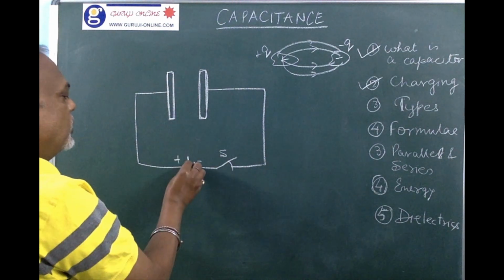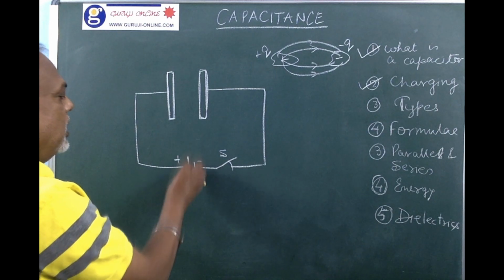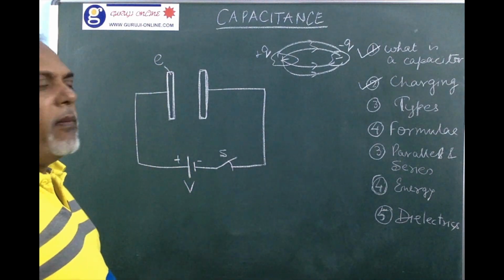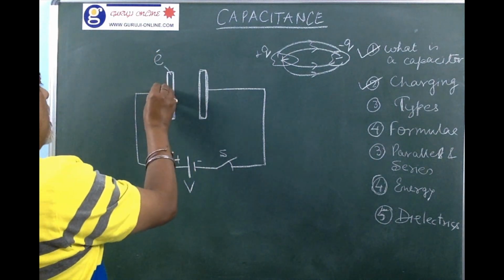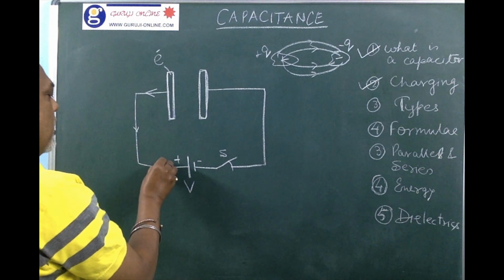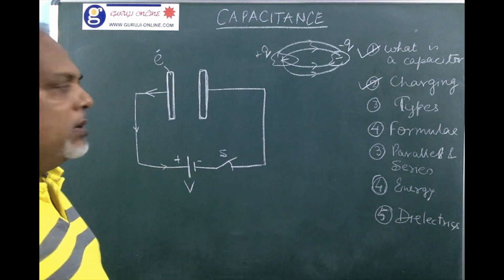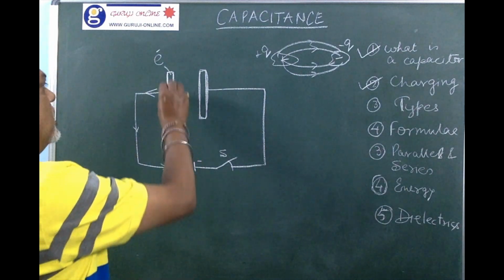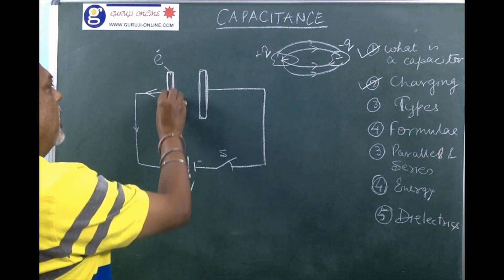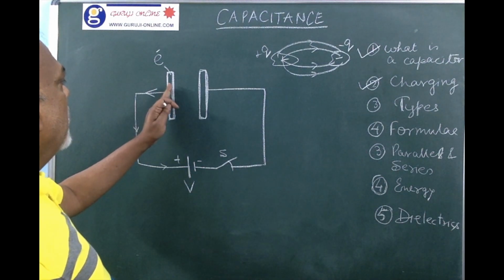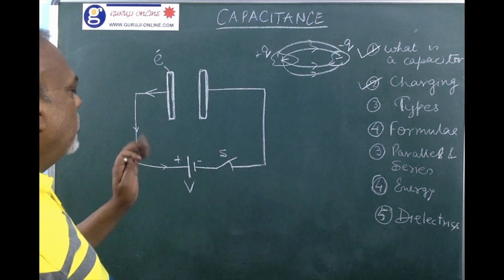So this is the plus terminal, and the electrons will start flowing to this terminal, because this is a metal, so free conducting electrons are there.